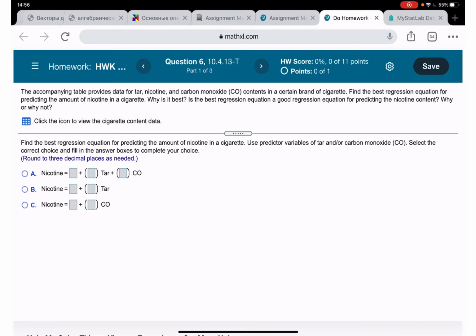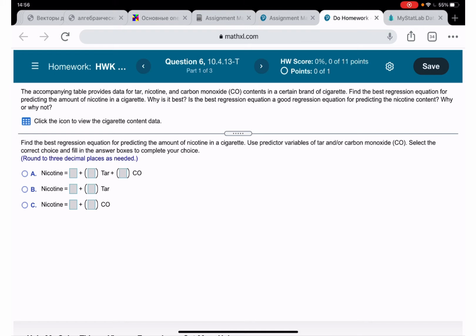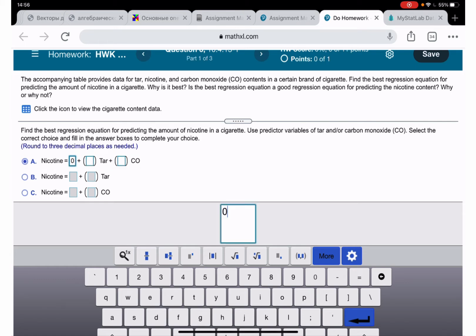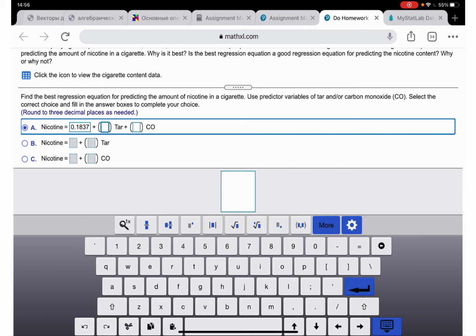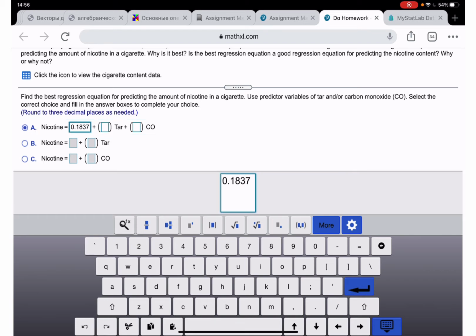We are going to have 3 of them, for tar and CO. So it's going to be this one, 0.1837, okay. Or maybe I think it was three of them, so then I'll round it up, the third digit 3 will become 4.